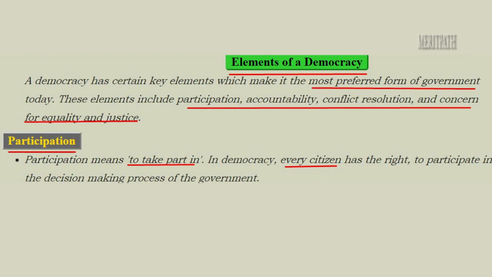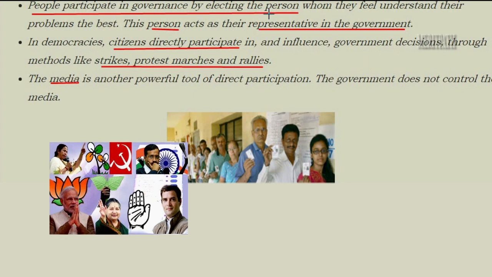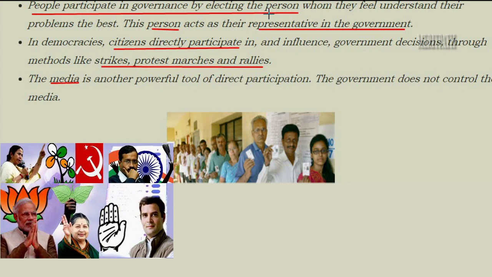Because it is a fair and free system of election, the representatives of the government will be chosen by the citizens of the country. So people participate in the governance. How? By electing the person whom they feel will understand all their problems and solve them. When there is an election, there will be 4 or 5 political parties and many people standing in the election.